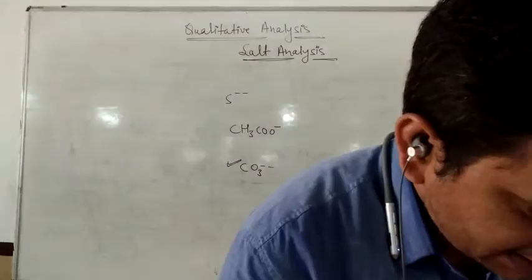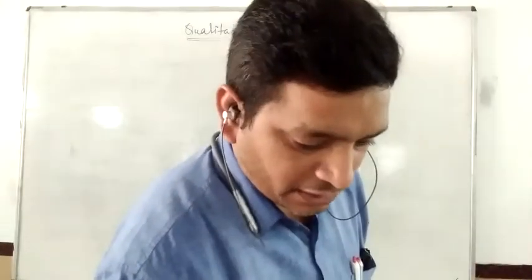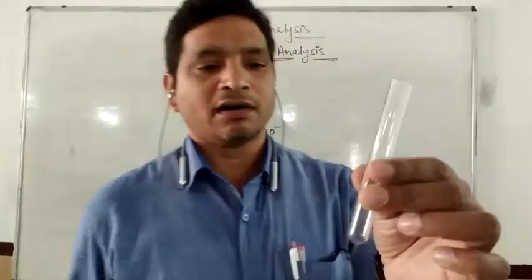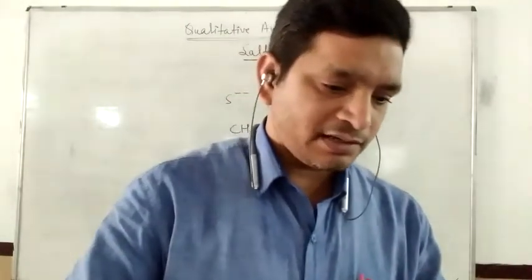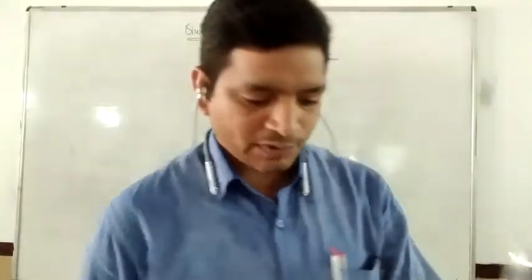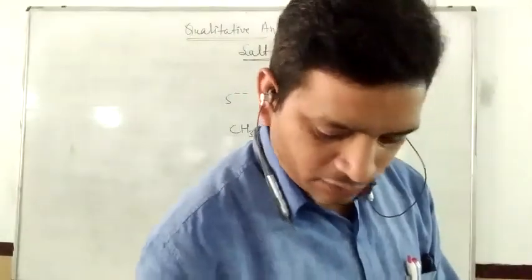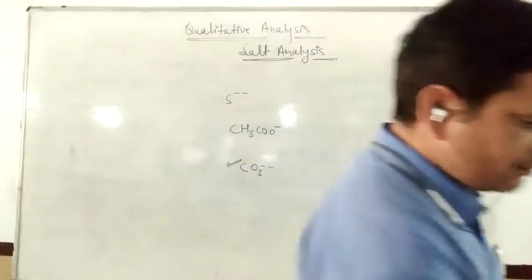Now we have to confirm that 100% this is the carbonate ion present in this salt. So in the next experiment, for the confirmatory test, we will again take another clean and dry test tube and add the salt in that. I have taken the dry salt, and to confirm it, we have to prepare an aqueous solution.